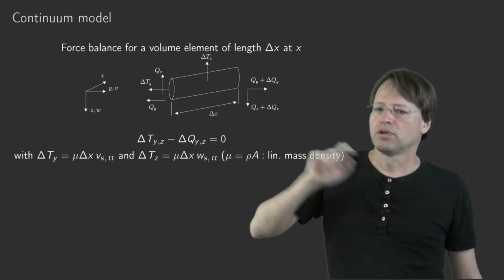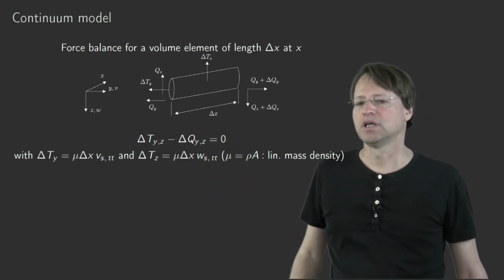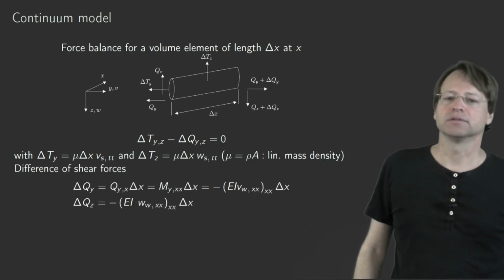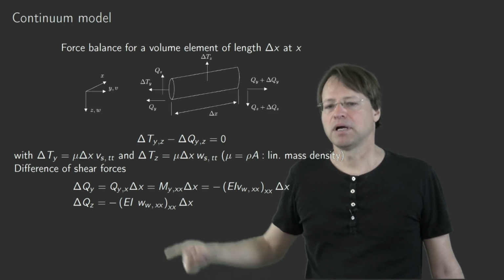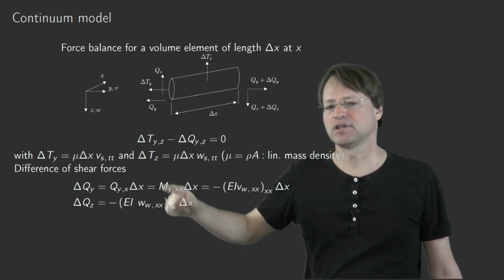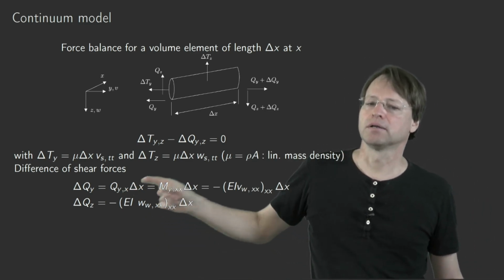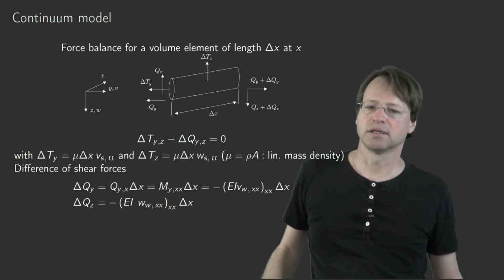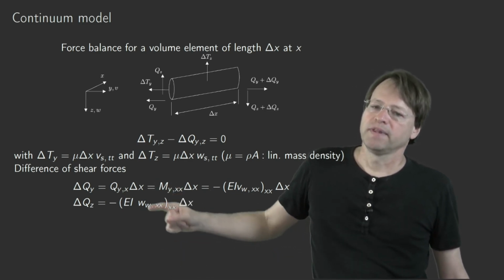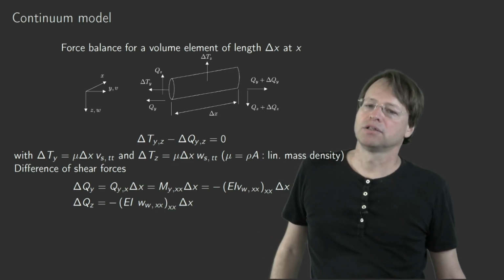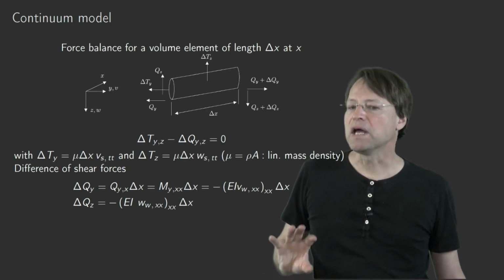Now let's move to these shear forces, so these reaction forces in y and z direction. The difference of the shear forces can be computed by taking the derivative with respect to x, the partial derivative, which will be denoted by that notation comma x, qy comma x, delta x. The partial derivative of that shear force is equal to the second partial derivative of the bending moment.